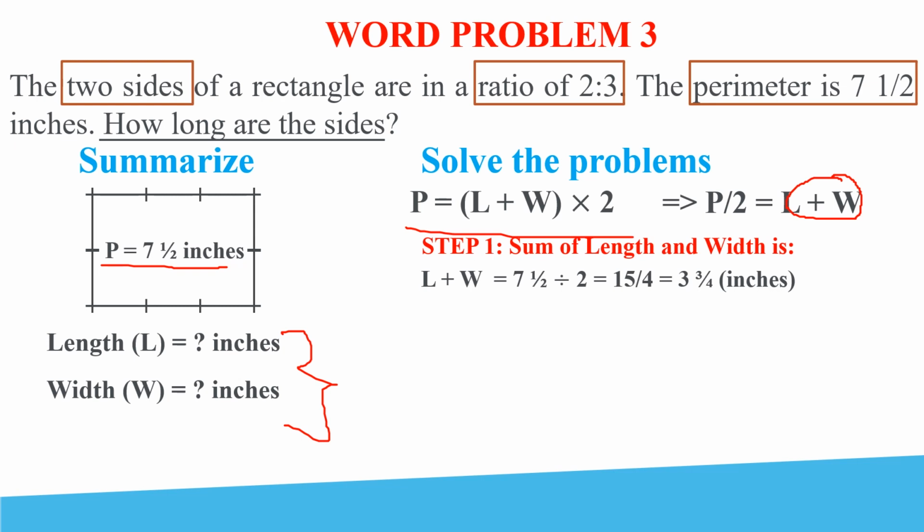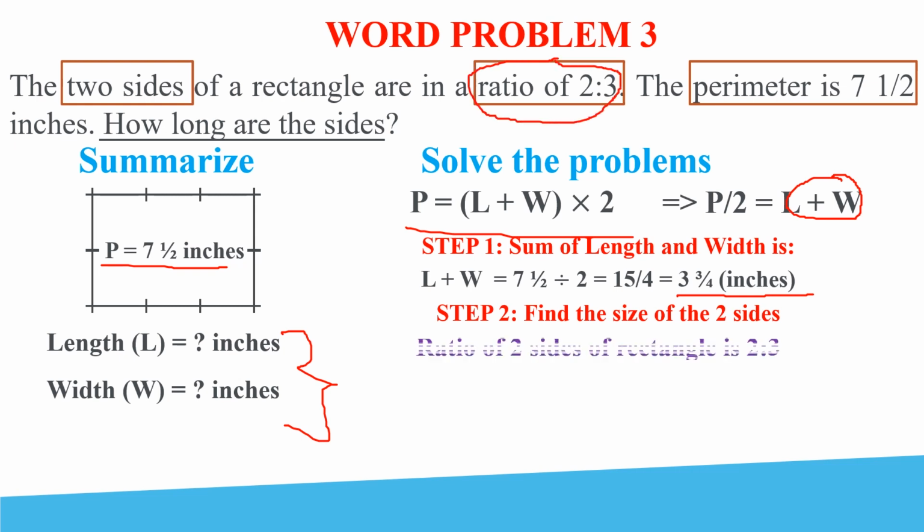Okay? And if we do all the operations, we are going to find out that the sum of length and width is 3 3/4 inches. Now we need to find out the sizes of the two sides. Okay, so how do we do that? Remember, here we have the ratio 2 to 3.